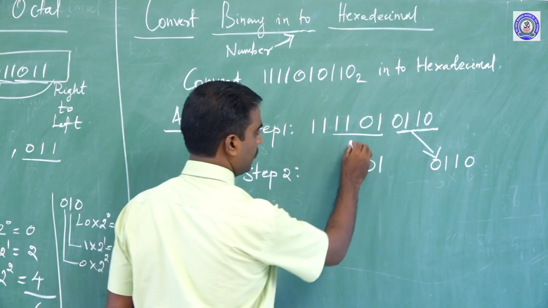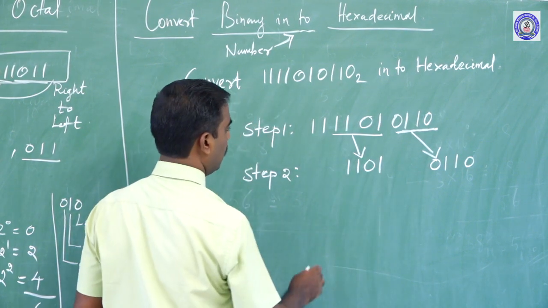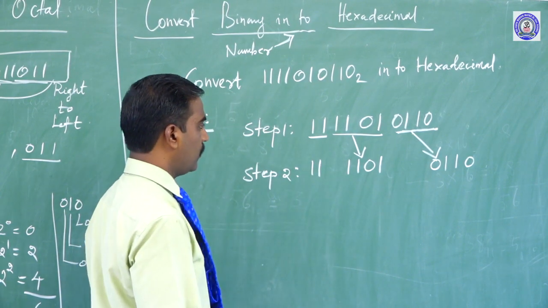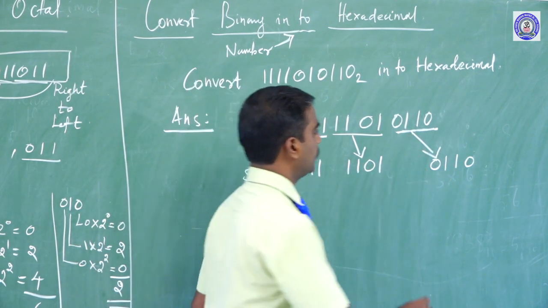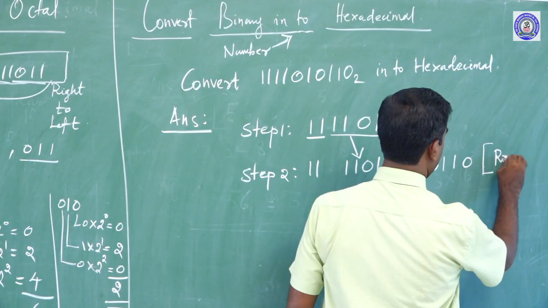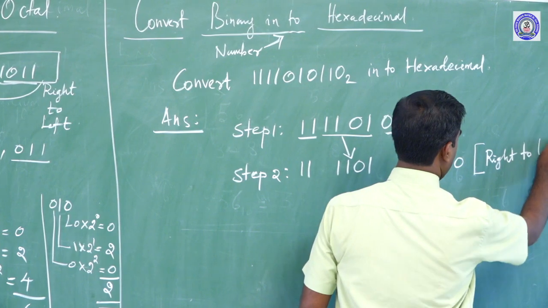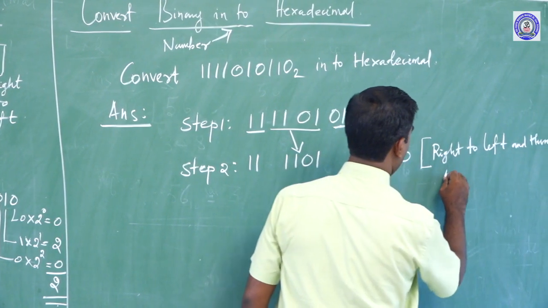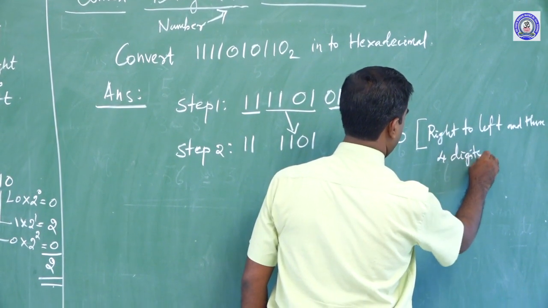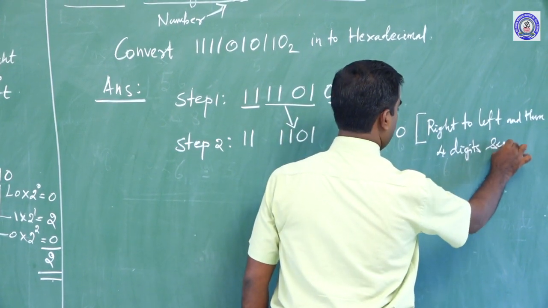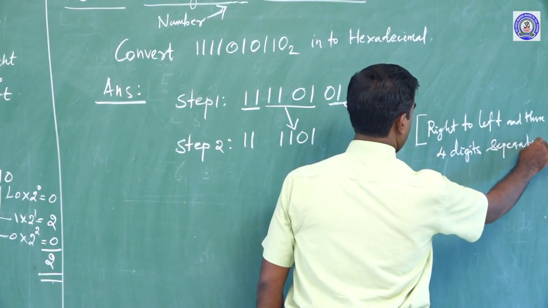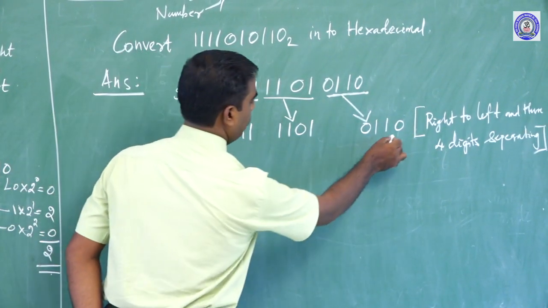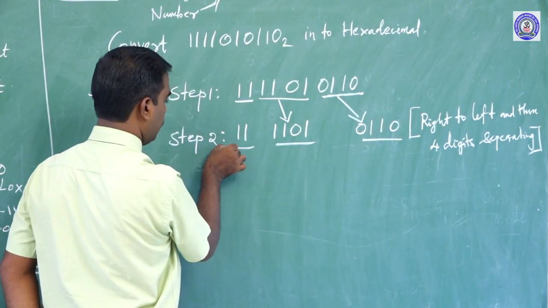Clear? I think you understand. This is one type of method. And then the remaining number is 1 1. Separating 4 digits from right to left, this number is this, this, and this.